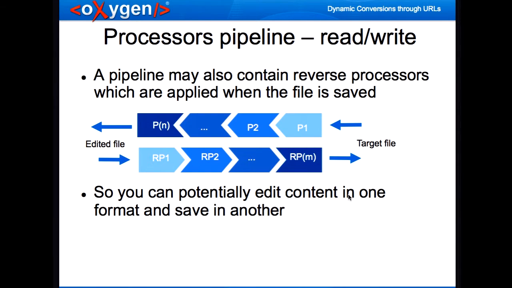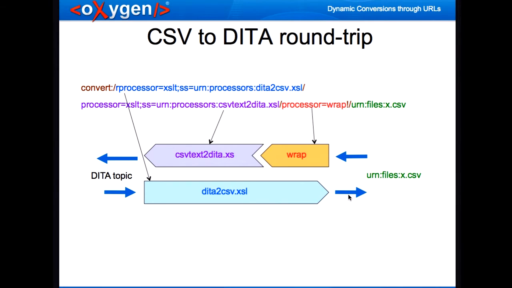So if you also implement the reverse conversion pipeline, you can write to the target file. For comma-separated values, for instance, we can specify a style sheet that will convert the DITA topic back to comma-separated values. So then you can have round-tripping, editing comma-separated values as a DITA topic.